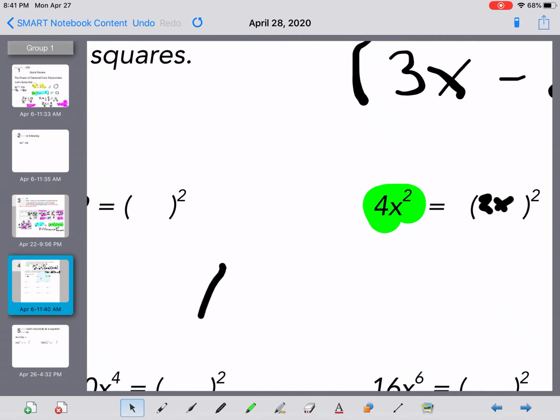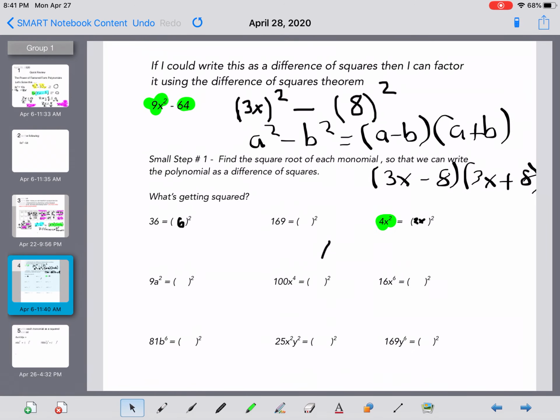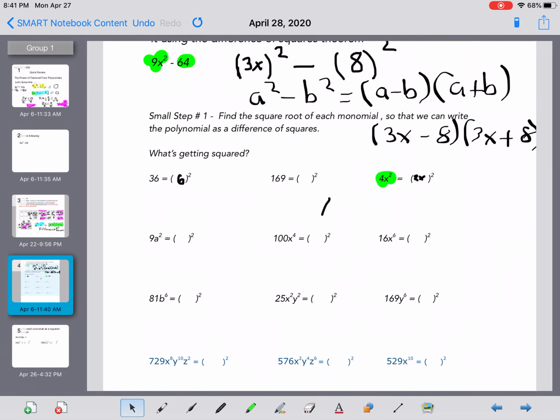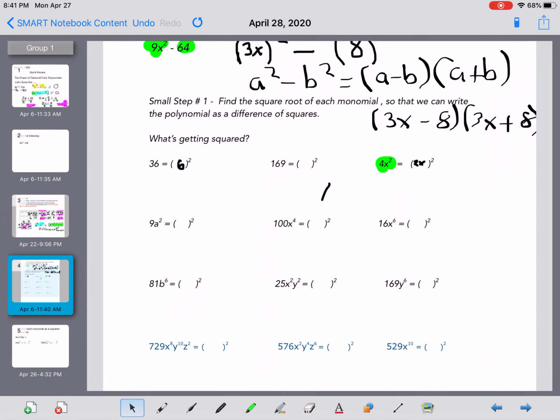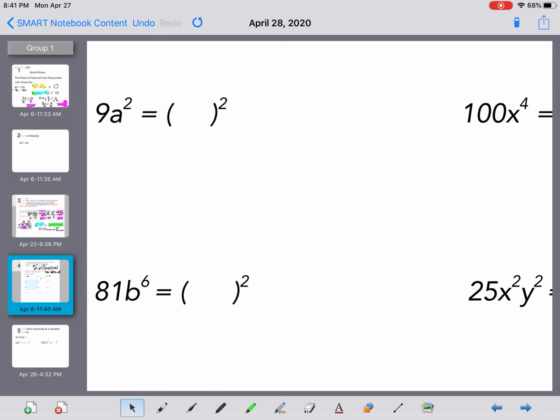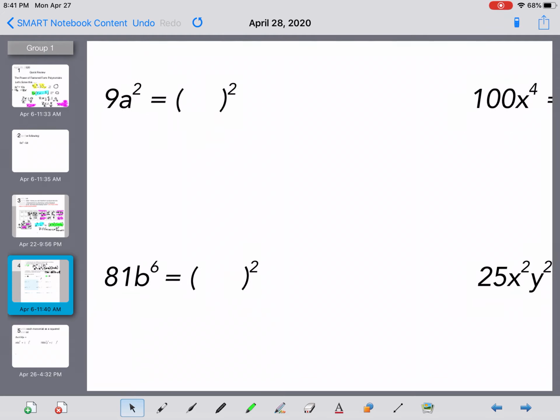Let's try something maybe a little more complicated. How about something like this? 81b to the 6th power. Well, what times itself will give me 81? That's 9. And then what times itself will give me b to the 6th power?